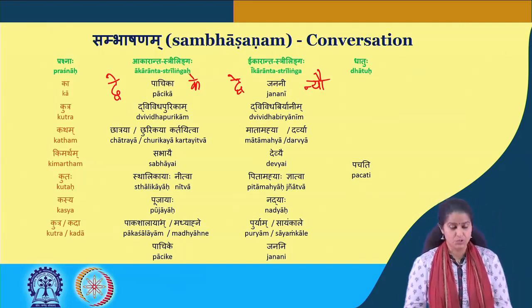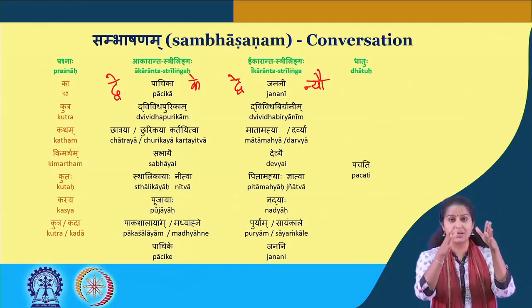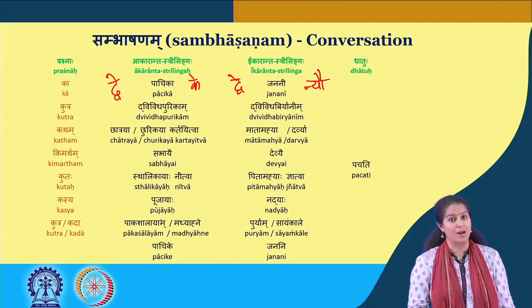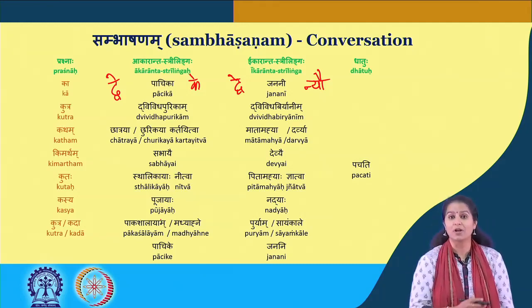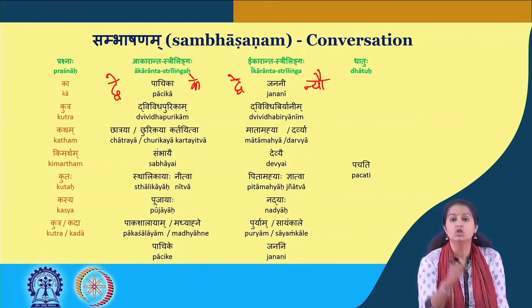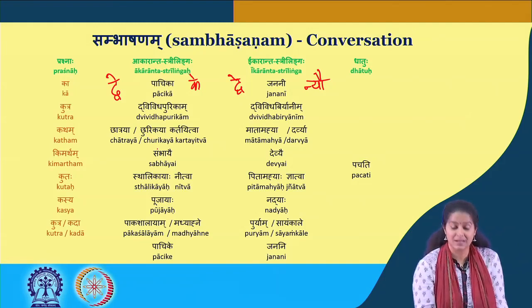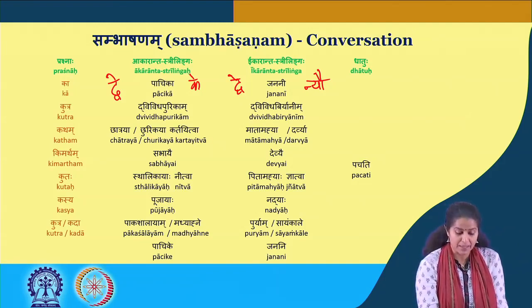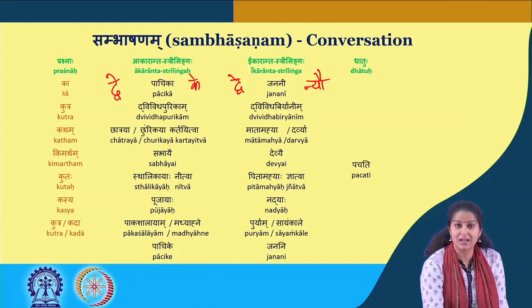Now let's do the dialogue like we had done for the previous one. Let's put all of the words in one big sentence. So you join me there. Let's start. Te dve pachike dvividha purike chhatrabhyam saha churikabhyam kartayitva sabhabhyam, but kayoho sabhabhyam?